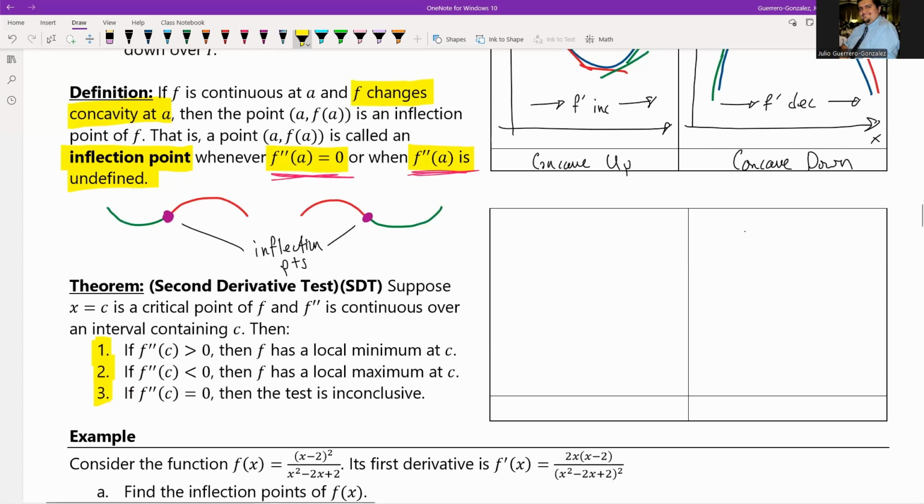So let me go ahead and draw the picture for it. I'm going to do local max, and then local min. Again, I'm going to draw an x and a y.